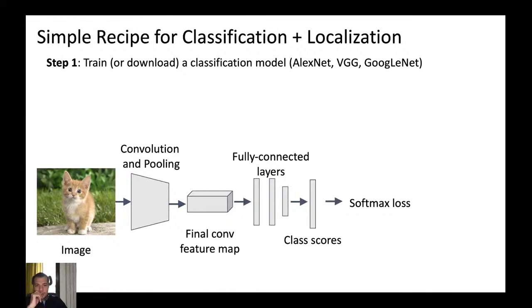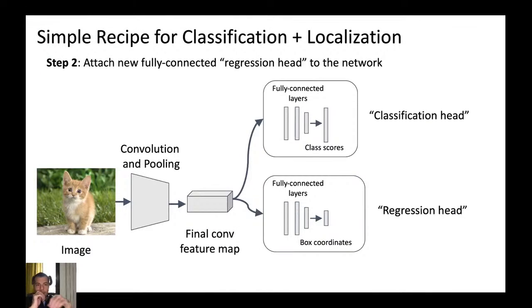Okay, so we have an answer from Andrei. The trick is we keep the fully connected layers for the classification part, and after the final conv layer, we can add another set of layers.